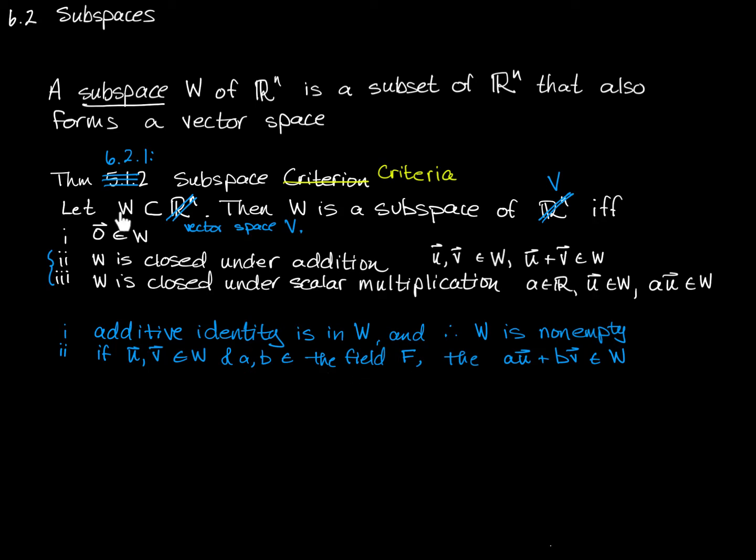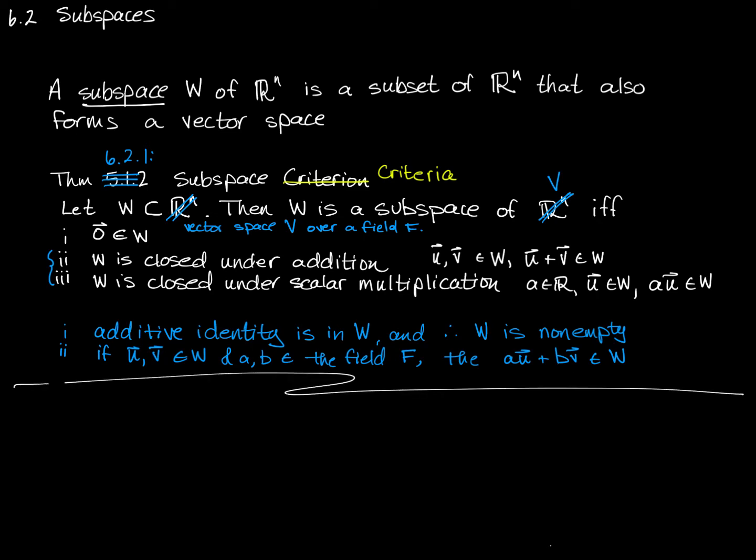So what I've got here is that W is a subset of the vector space V, and I need to tidy this up just a little bit, the vector space V over a field F. So that needs to be part of my statement, right? W is a subset of the vector space V over a field F. The field is important. Now, I don't know what that field is, but I do know that's where A and B come from. That's where we're drawing our scalars from.